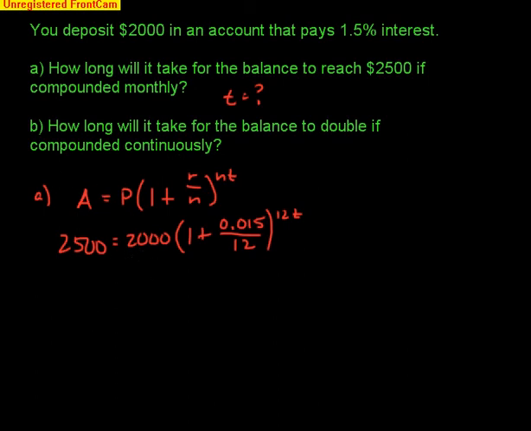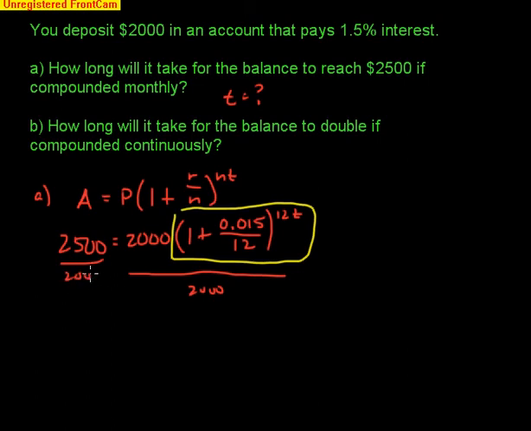So, first thing, let's divide by 2,000. I need to get this alone. And when you do 2,500 divided by 2,000, it should be something nice: 1.25.